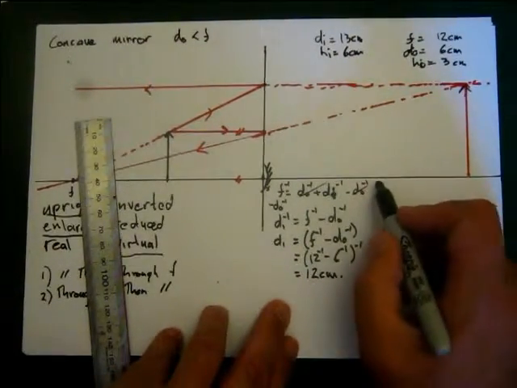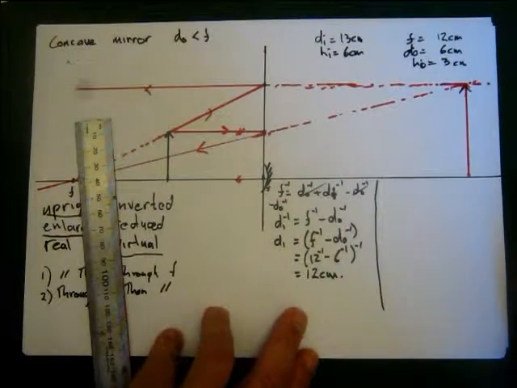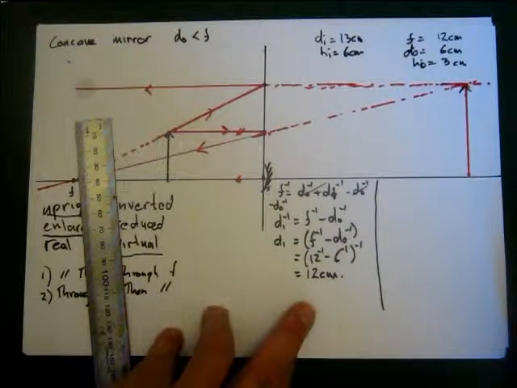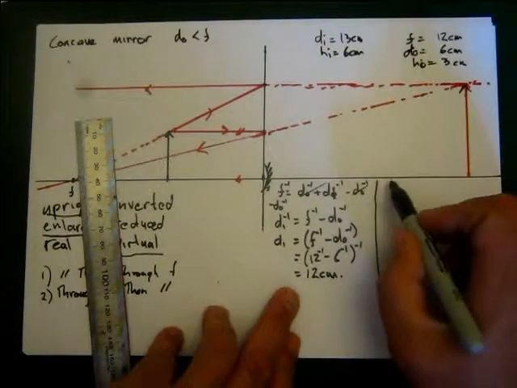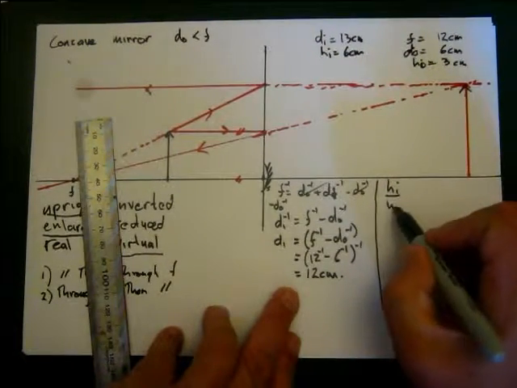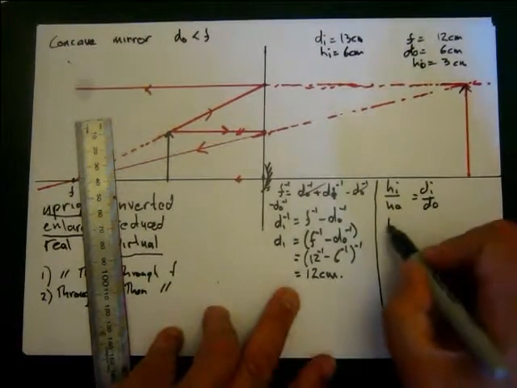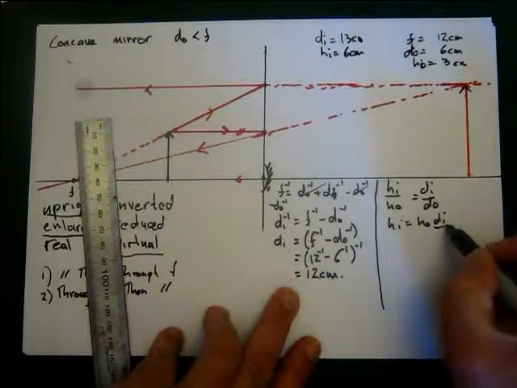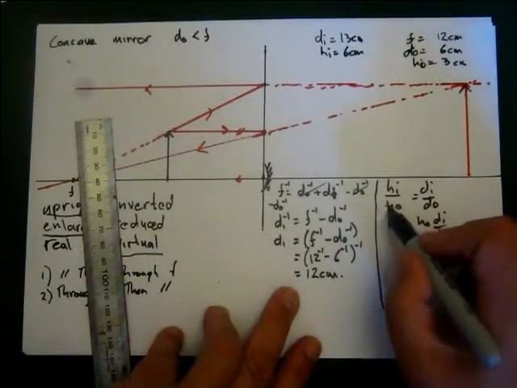Okay, the next question is, what's the magnification? How big is the image? Lots of ways of doing this. Let's just use the one we did before, HI over HO equals DI over DO. So HI equals HO times DI over DO. Just multiply both sides by HO and that gets rid of that.